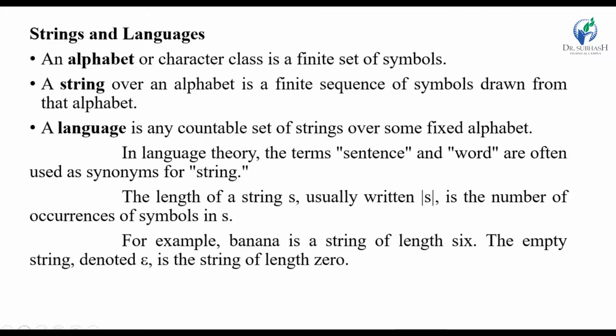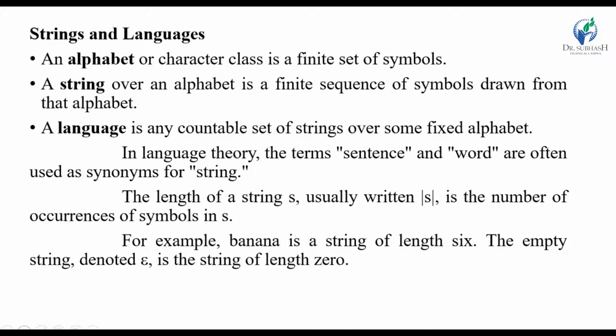You can write any string using alphabets from A to Z. A language is any countable set of strings over some fixed alphabet. In language theory, the terms sentence and word are often used as synonyms for string.